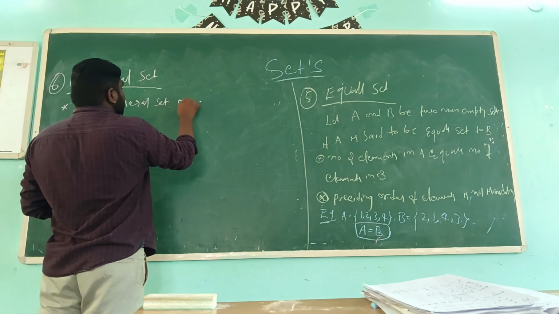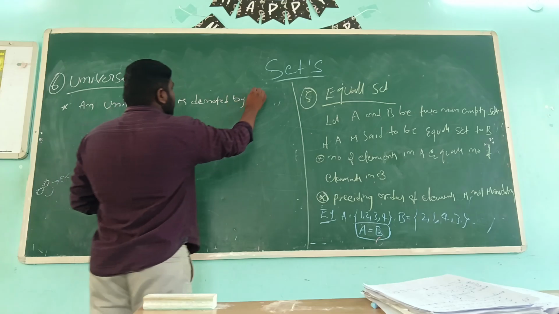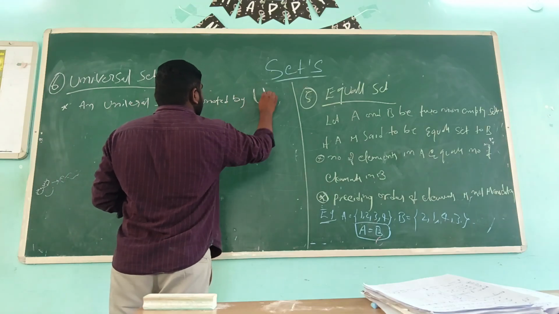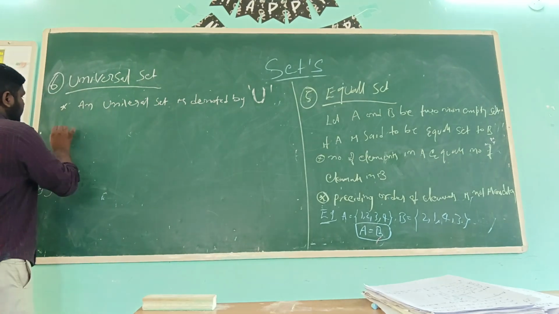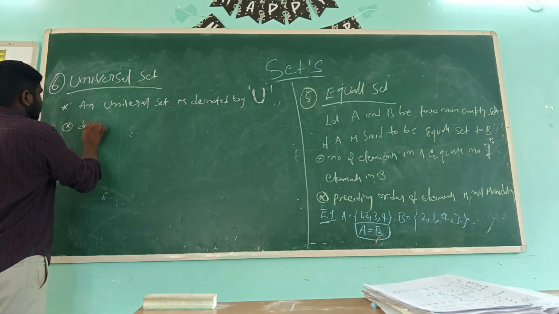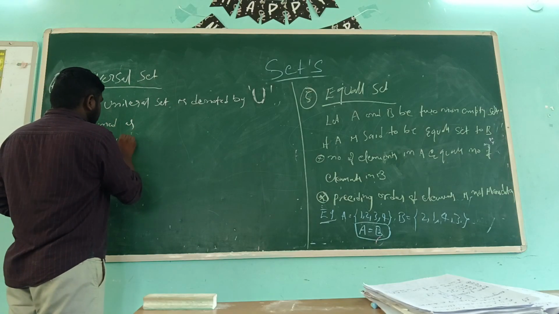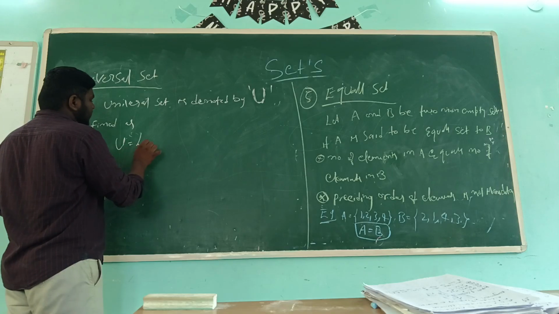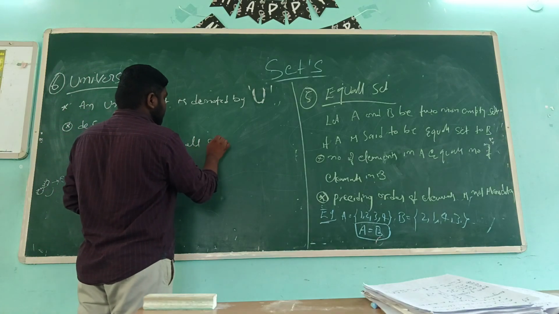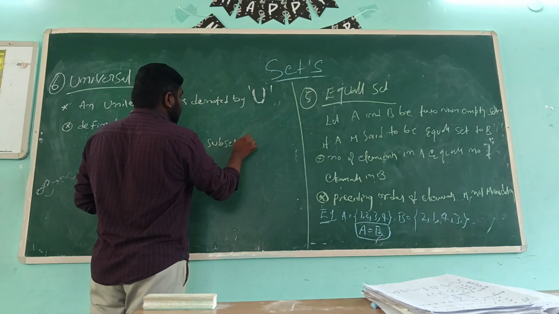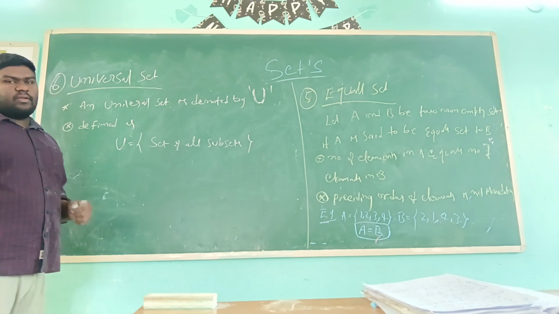The universal set is denoted by capital U and defined as: U contains the set of all subsets. The set that contains all subsets is called the universal set.